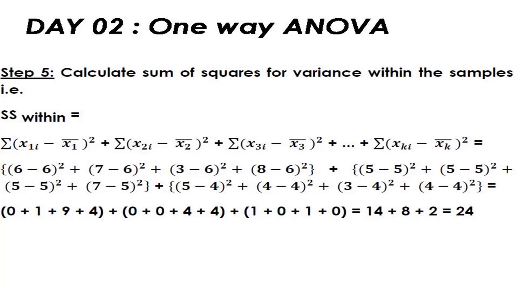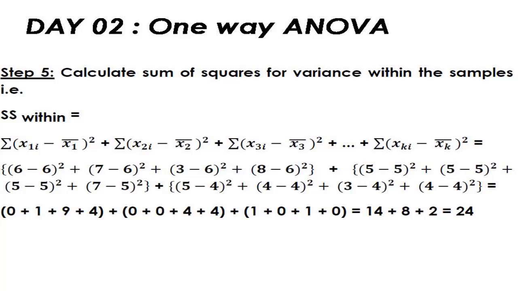Why have we subtracted 6 here? Because the arithmetic mean of the first column was found to be 6, and from individual values of the first column, the arithmetic mean of the first column has been deducted, and the square values have been taken, and then it has been added here.